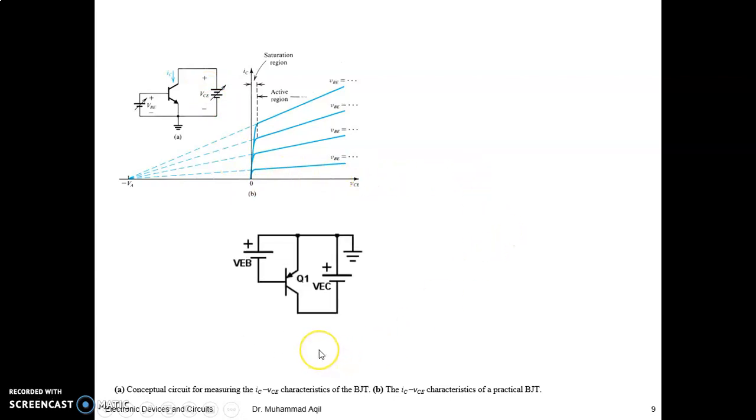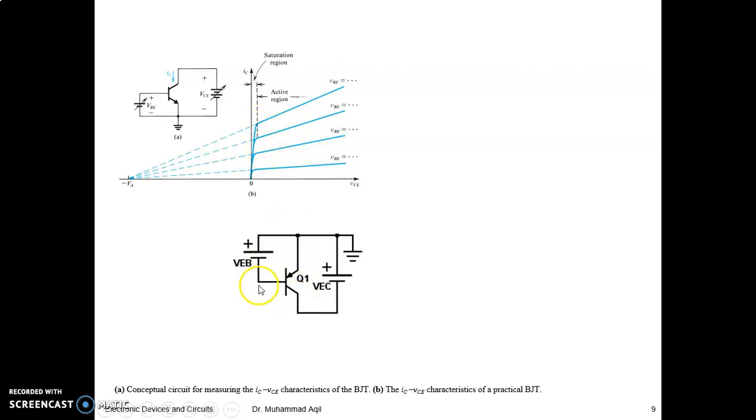For the PNP transistor, you can do the same thing, right? For common emitter characteristics, it means the emitter will be the common, but the polarity will be as required for the PNP transistor. So for the characteristic curve, you have to make these junctions forward biased if you want to see the active region and the other regions as well.